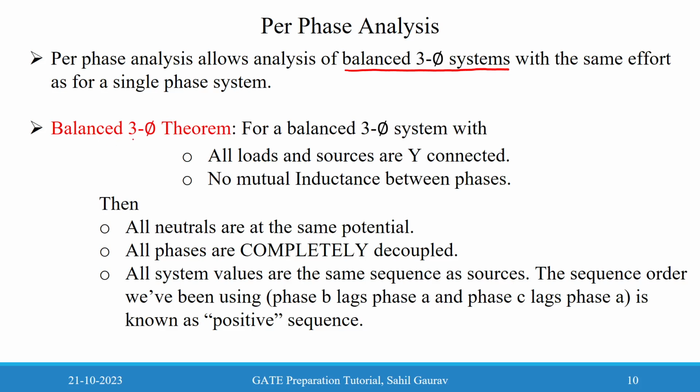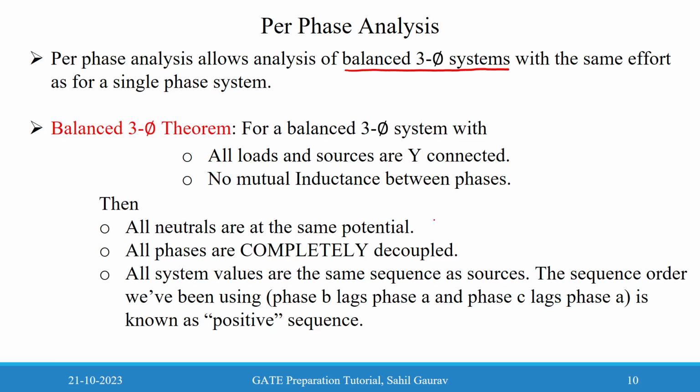The balanced three-phase theorem says that for a balanced three-phase system with all loads and sources star connected and no mutual inductance between phases, all neutrals are at the same potential and all phases are completely decoupled. That I said earlier.